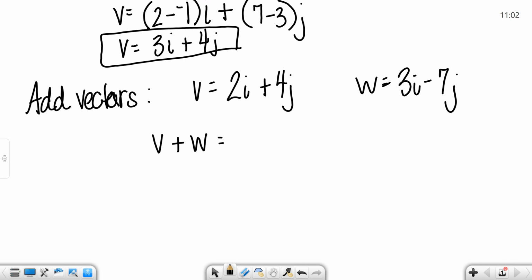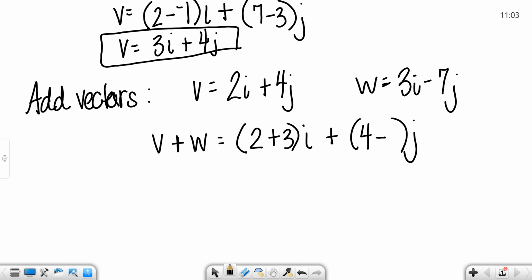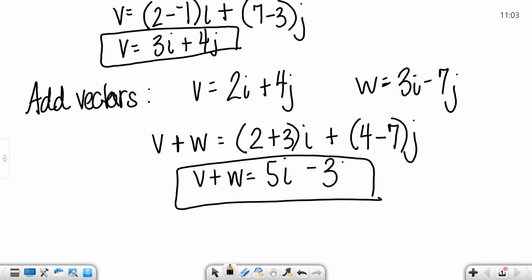Well, when I add the vectors, I have to add their like parts. So I would add the component A's, and then I would add the component B's. In this case, it would be 4 minus 7. Right? So I get 5i minus 3j. And that would be my sum. That would be my new vector. 5i minus 3j.